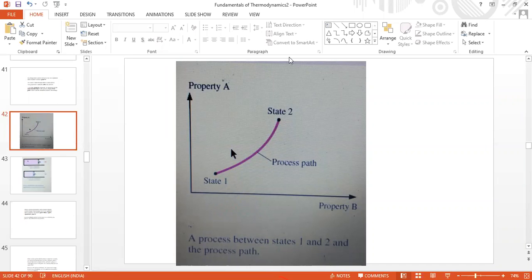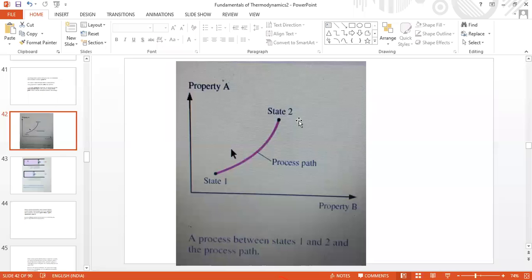Whatever is the process, if the coordinate system is a PV coordinate system, that is pressure on the y-axis and volume on the x-axis, then the area subtended by this curve on the volume axis gives us the work done.